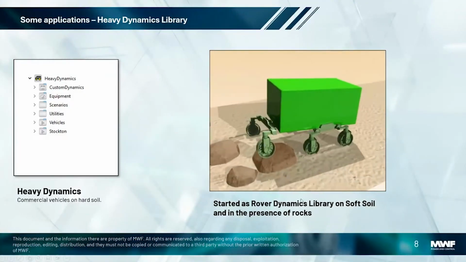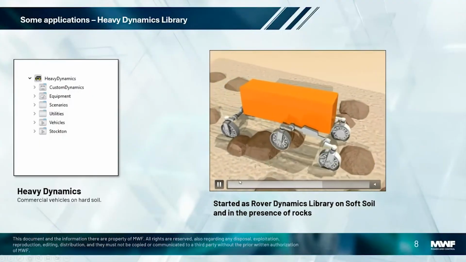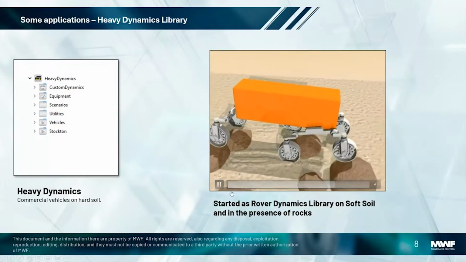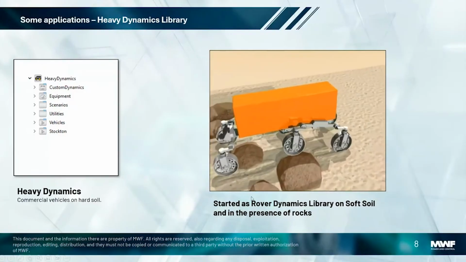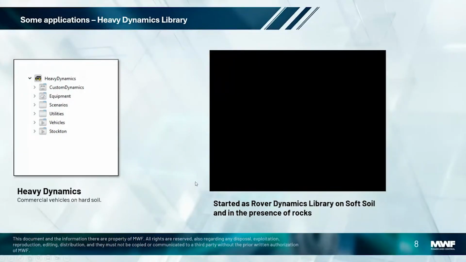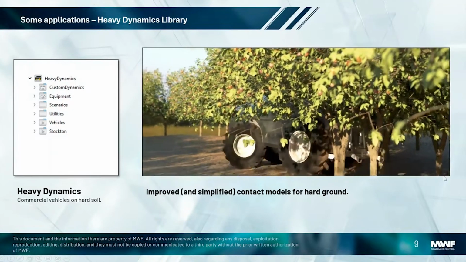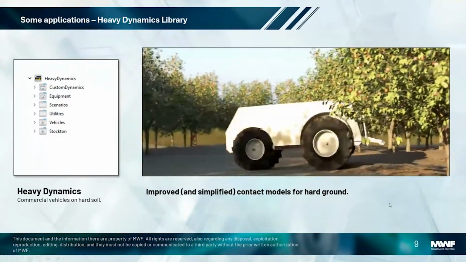Although it was originally conceived for both soft soil and hard soil, soft soil applications are not that frequent for us, and for this reason, we further developed the library to work with hard soil only. And this is one of the most interesting applications that we have.